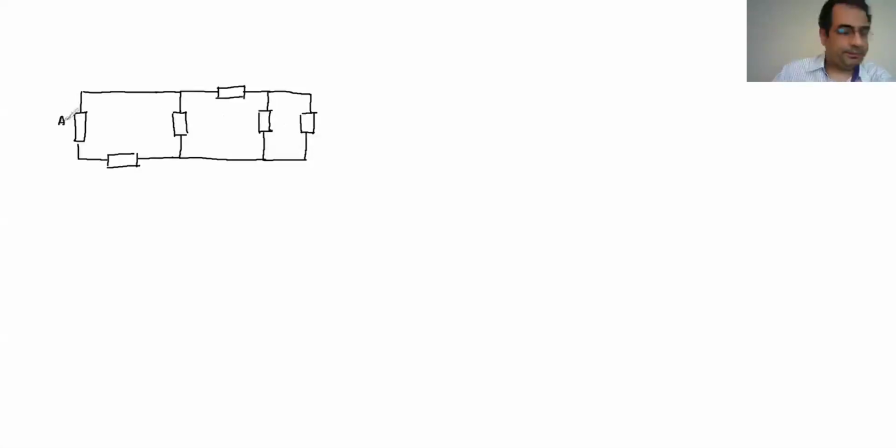This is going to be A, B, C, D, it's going to be F, and it's going to be E, and then the polarities are like that: positive, negative, positive, negative, positive, negative, negative, positive, negative, positive, and positive, negative.